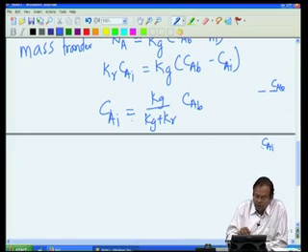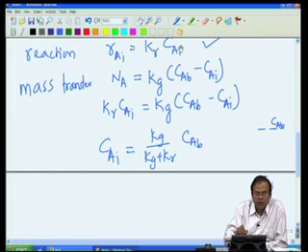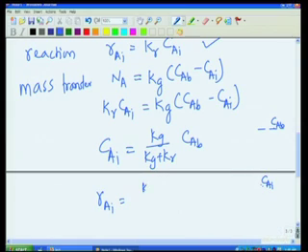So, if we now take this Cai and plug it back into my rate, in either this equation or this equation, it does not matter, we will get the rate of my reaction as Kg Kr by Kg plus Kr into CAB.